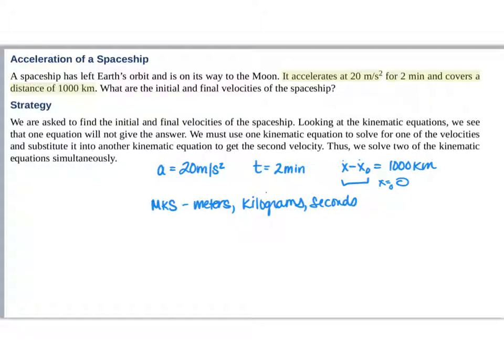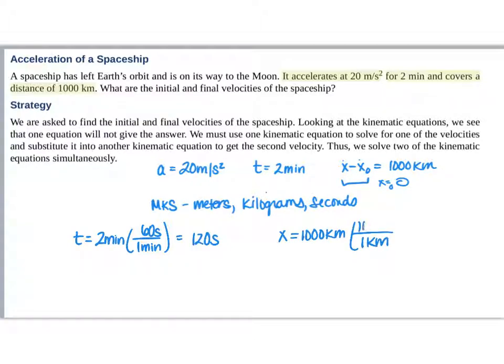So using that, my time, I have to convert to seconds. I use the fact that 1 minute is 60 seconds, and so our time we should use is 120 seconds. And then our final position, which is 1,000 kilometers, we use the fact that a kilometer is 1,000 meters. This gives us 1 followed by 6 zeros.